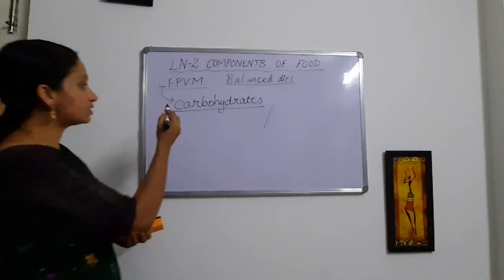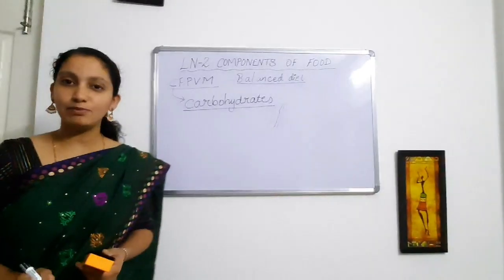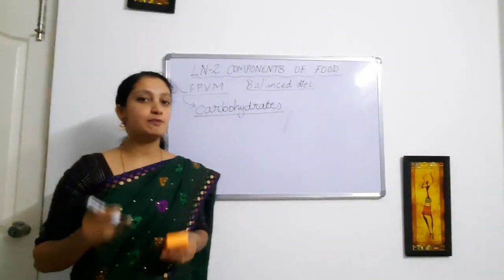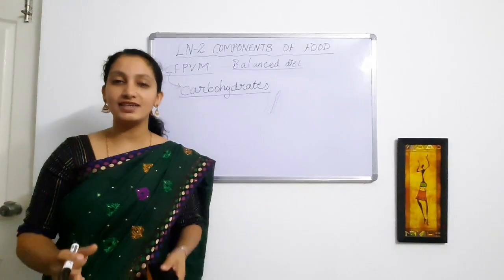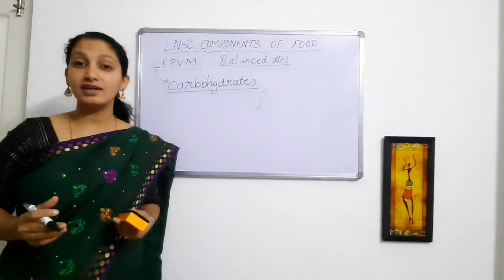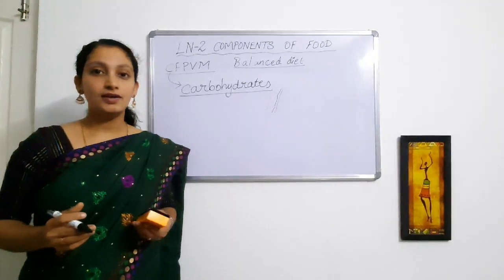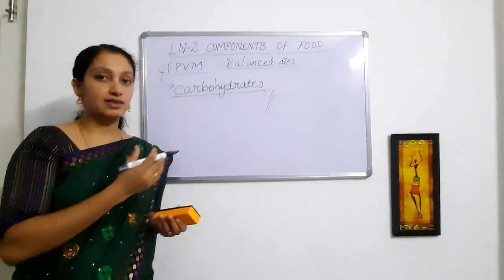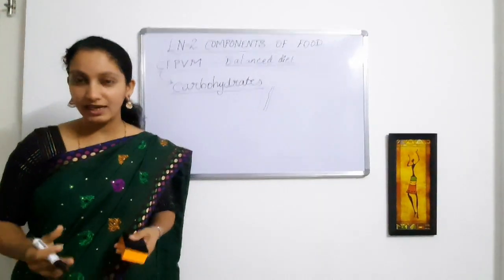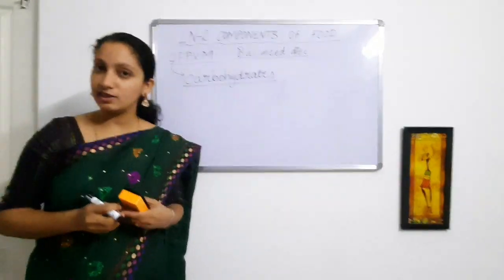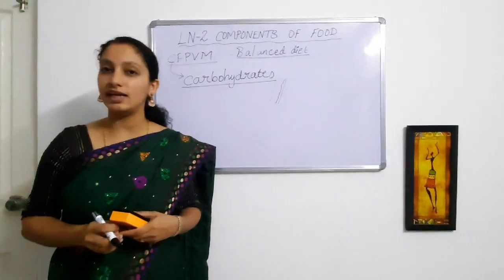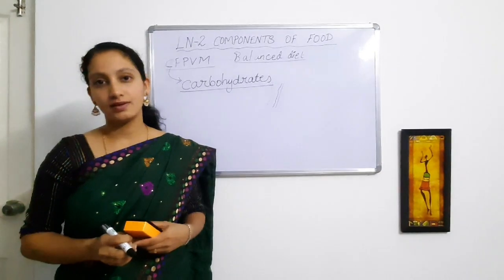So what is the main use of carbohydrates? It provides you an instant form of energy. Whenever you require energy, these carbohydrates are utilized in your body to provide you energy. So it is very much essential to include in your diet.